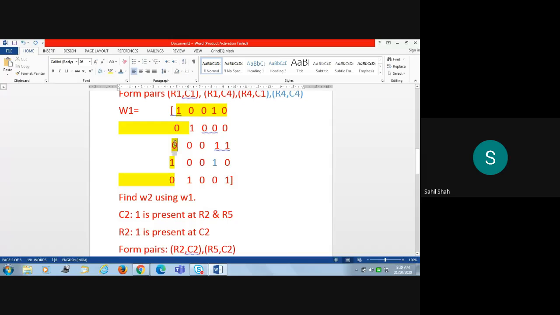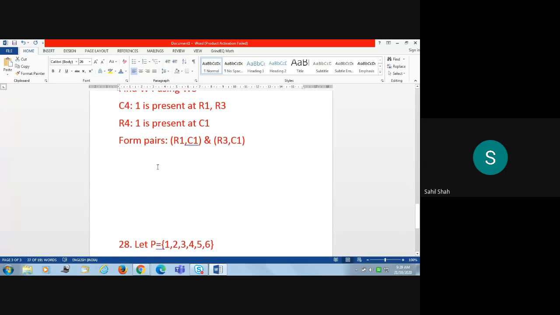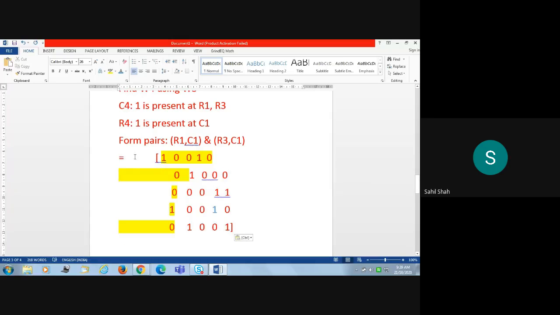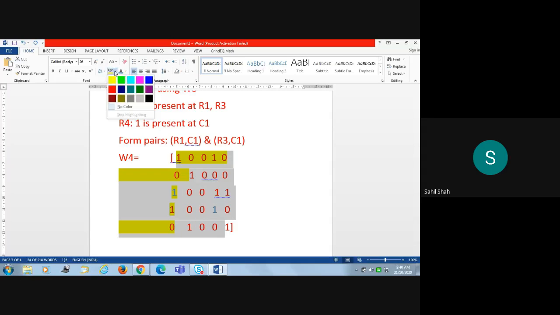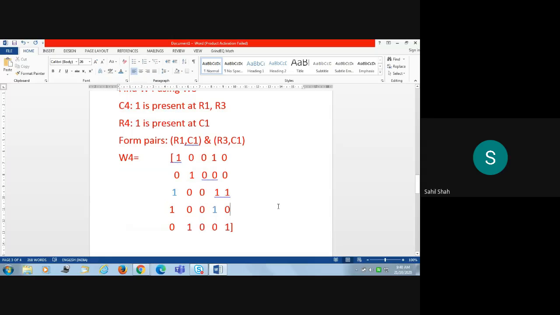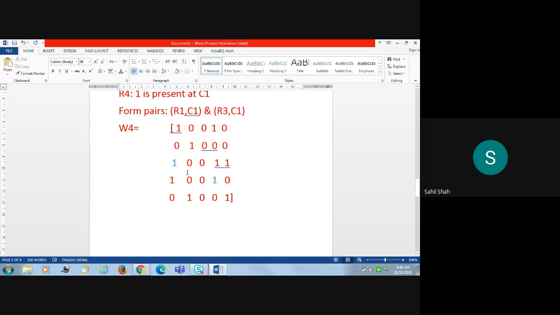So I have to change it from 0 to 1. So in W4, you are going to have a change here. One. This will change it. So these are the new entries that have been added.